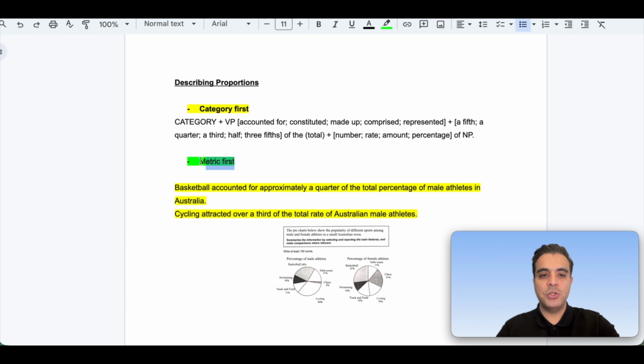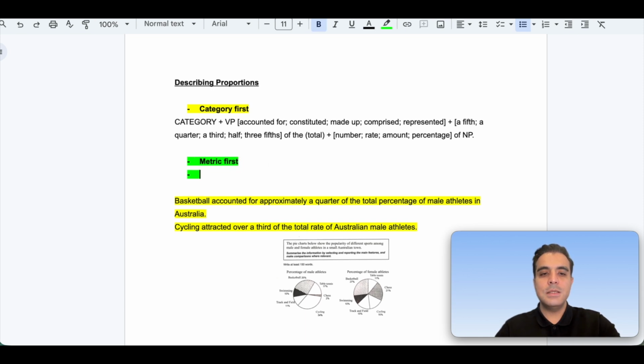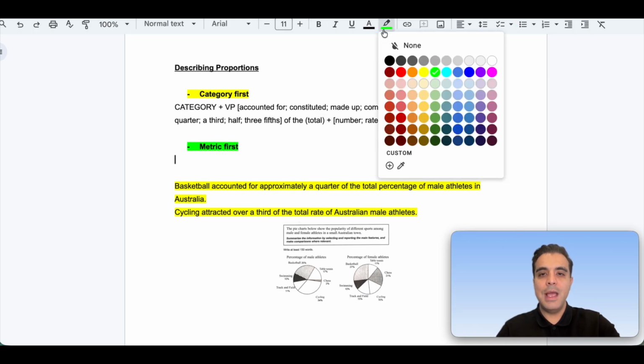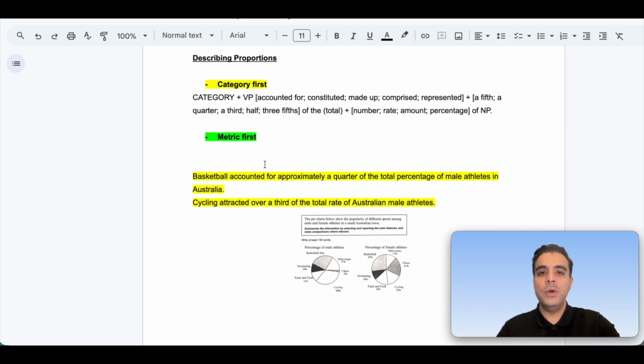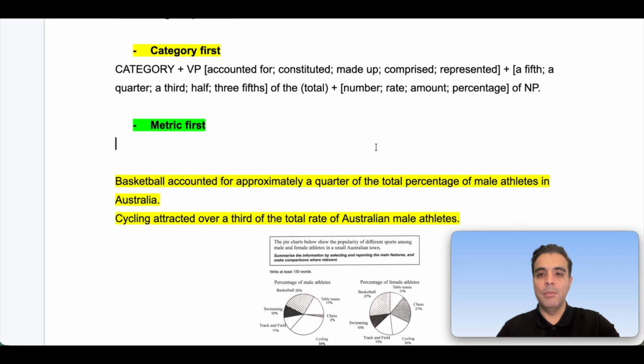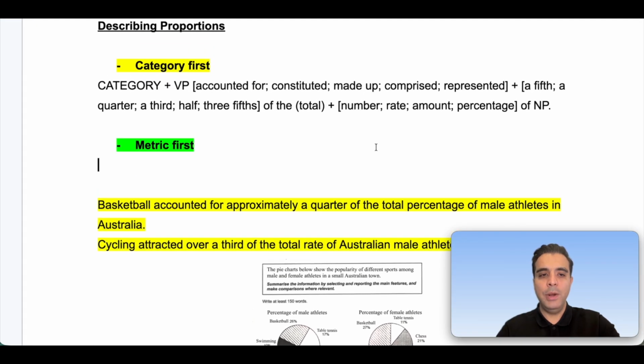So metric first structure described in green. Let's first take a look at the structure together, and then after that we'll use this new structure to rewrite our examples from before.